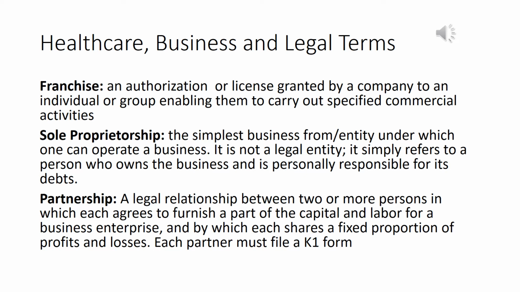Now, here's something else to just make a note of. In a partnership, as far as a tax form, each partner has to file a K-1 form. Again, that's a tricky question that comes up on the MBLEx exam. So in a partnership, the tax return has to include a K-1 form from each partner.